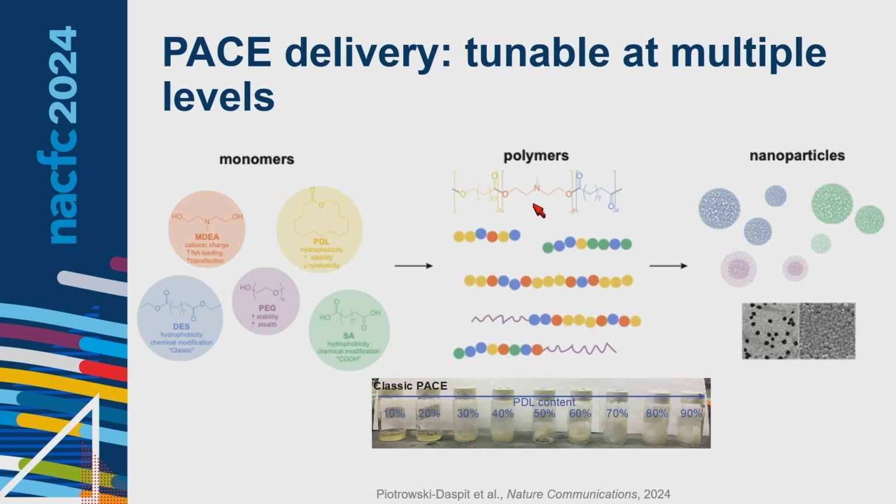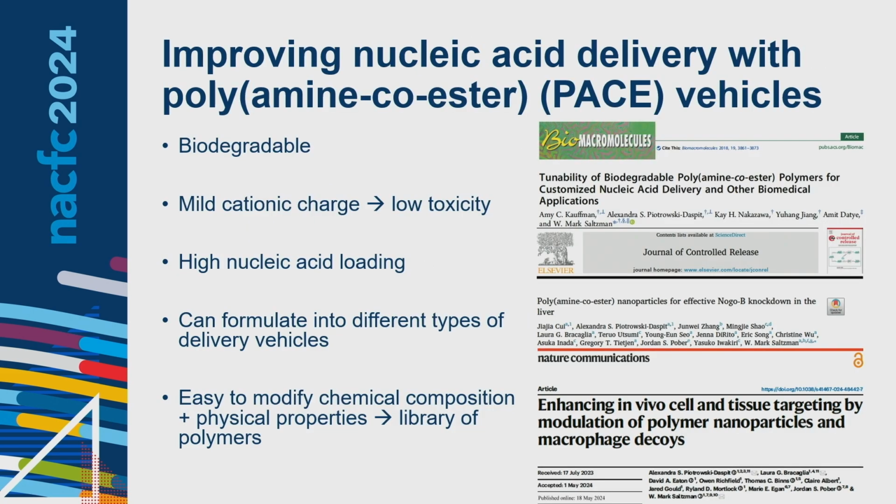But really for nucleic acid delivery, what's important is this tertiary amine group here, which provides a mild cationic charge, which helps with increasing nucleic acid encapsulation, but it's also not so cationic as to induce toxicity. And then by varying monomer composition, we can also alter the physical properties of these materials. So really, we've been able to generate a library of materials, and we're continuing to test them in various contexts.